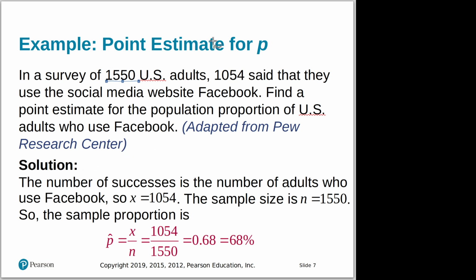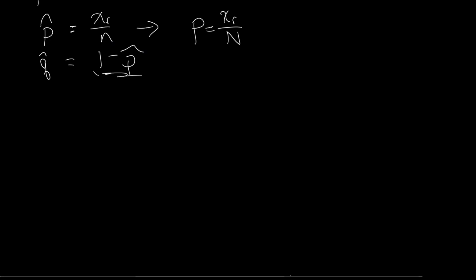So we can take the 1,054 and divide it by the 1,550, and that gives us an estimate. Of our survey, 68% of the people said they used Facebook. That should be a good estimate for what the population is actually doing. This is what we mean by an estimator: what we have measured in the sample should be telling us something about the whole.